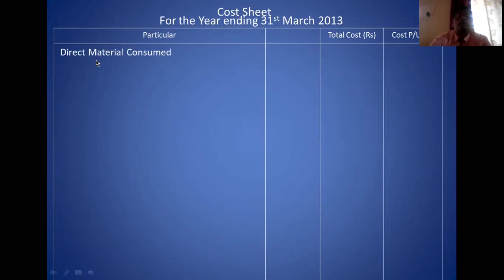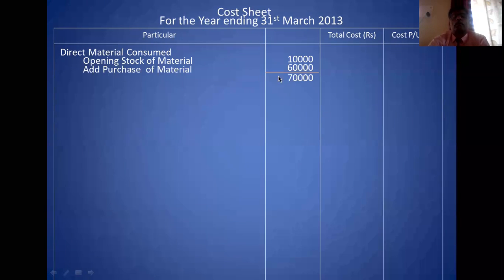You see your raw material consumed. In the raw material consumed, opening stock of raw material is 10,000. Inner column. Add purchase 60,000. Total is 70,000. Less closing stock of raw material 11,000.